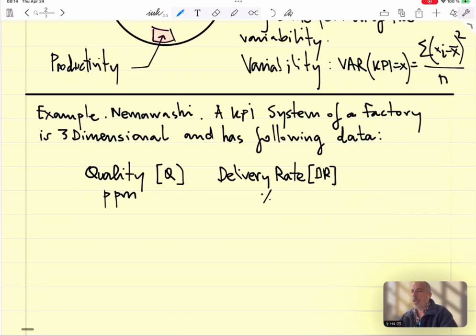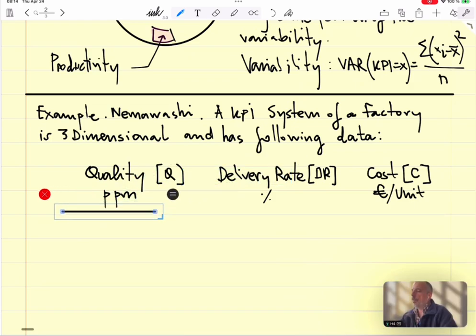And then you have the cost. We measure the cost in euros per unit. These are 3 standard KPIs you will find almost in any factory in the world.